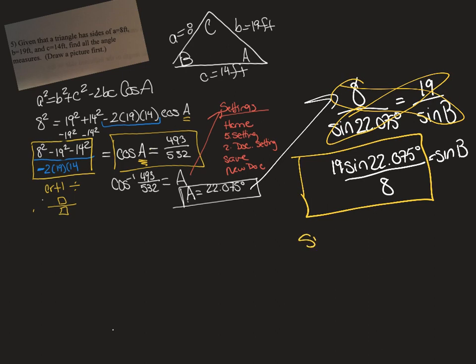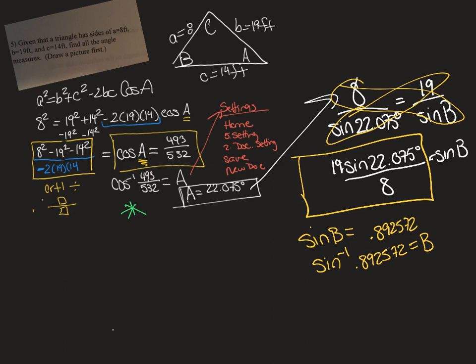And you're going to get that sine of B equals 0.892572, blah, blah, blah. Again, just like we did over here, and we arc cosined it, we're going to have to arc sine this. So I'm going to do arc sine of my answer, 0.89257. Grab the whole answer. Don't chop it off yet. You'll introduce too much error if you do that.